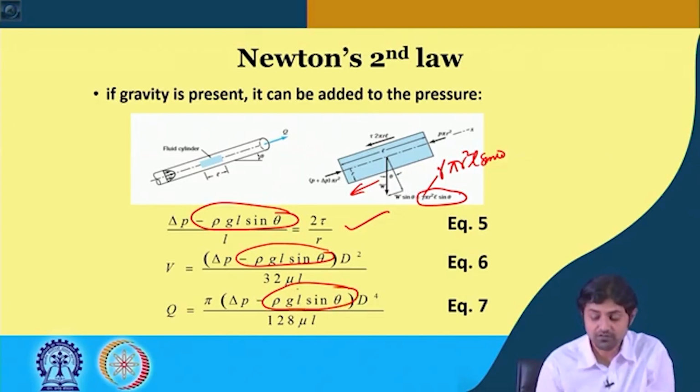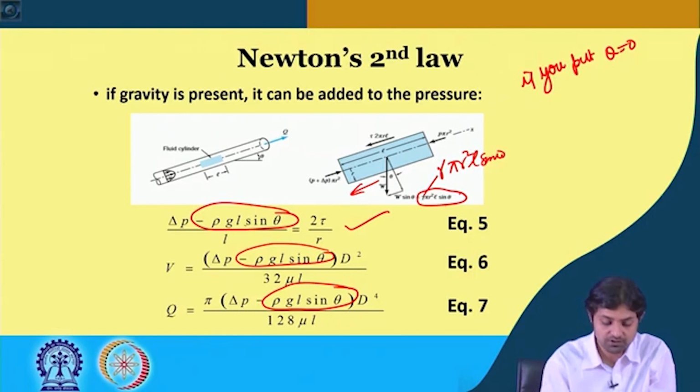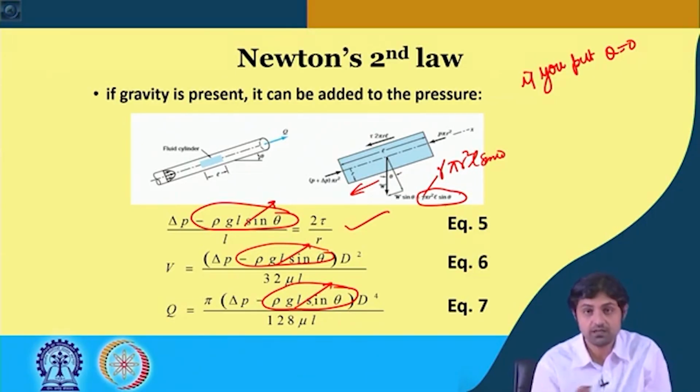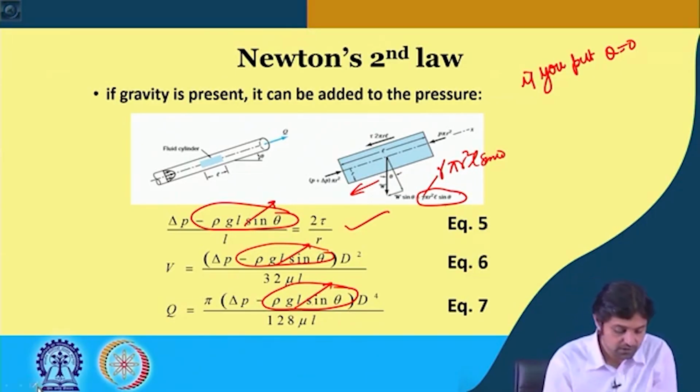If you want to verify, this is valid for all the angles. If you put theta equal to 0, this term will vanish, because sin 0 is equal to 0. It will be same as what we have derived before.